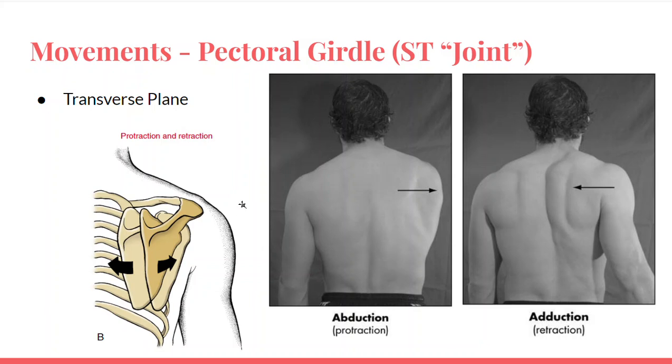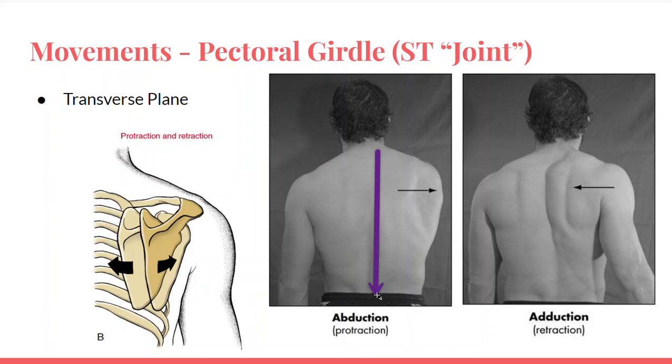In the transverse plane, the scapulae are either abducting or adducting. And remember, the definition of abduction and adduction: abduction is away from the midline, adduction is towards the midline. So we need to know where our midline is. The midline for scapular abduction and adduction is our spinous processes.